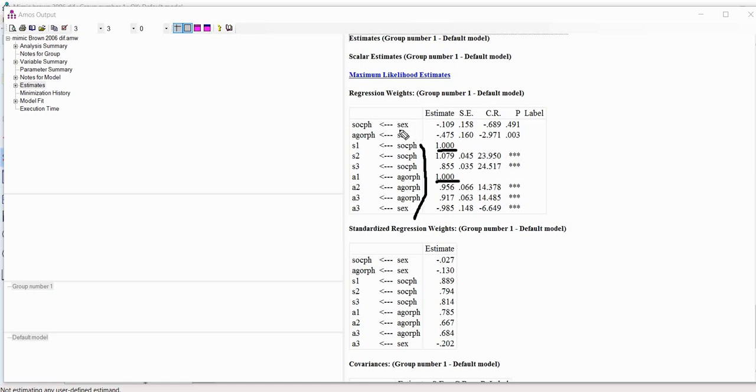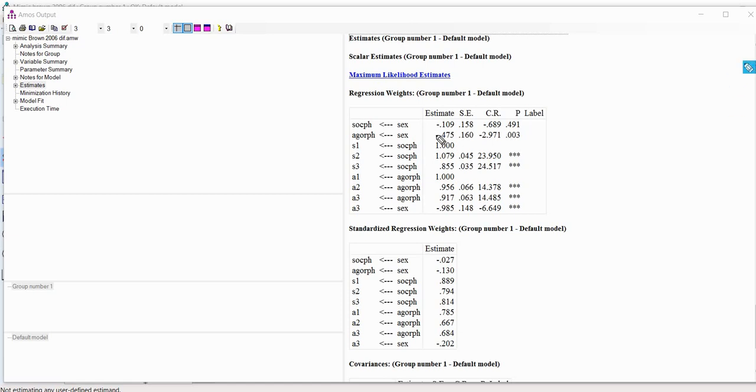When we look at the relationship between sex and social phobia, the coefficient is negative, as we saw before, but it's not statistically significant. So individuals identified as male were not significantly lower with respect to the latent mean on social phobia than persons identified as female.